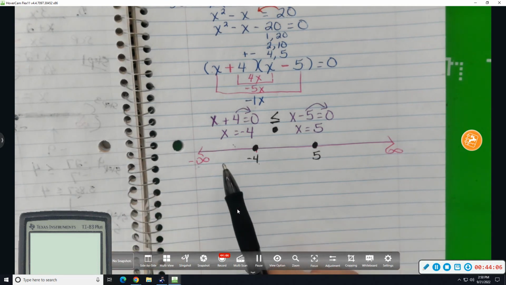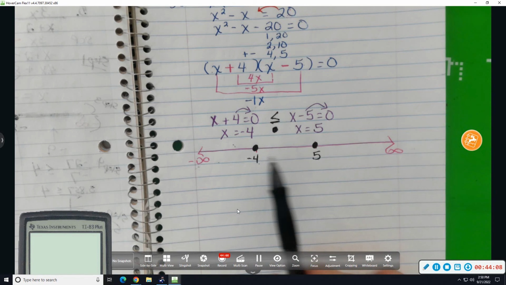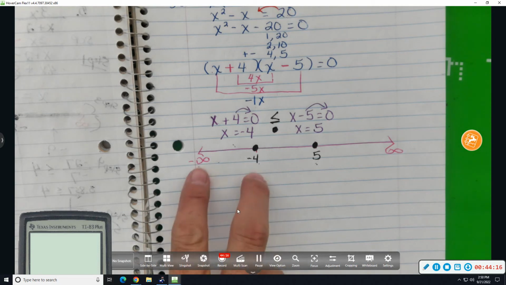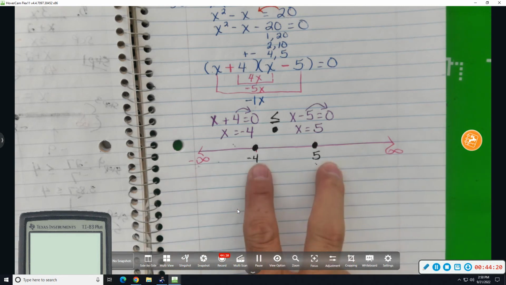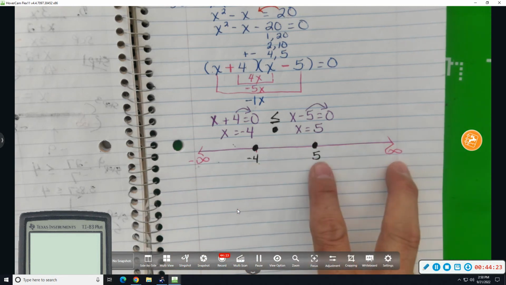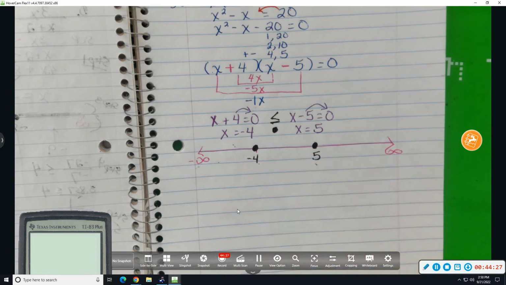Realize you can choose any number to test other than negative 4 and positive 5. I'm going to choose 0, but where is 0? Which interval am I testing? Is 0 between two negatives? Between a negative and a positive? Or between two positives? Yeah.